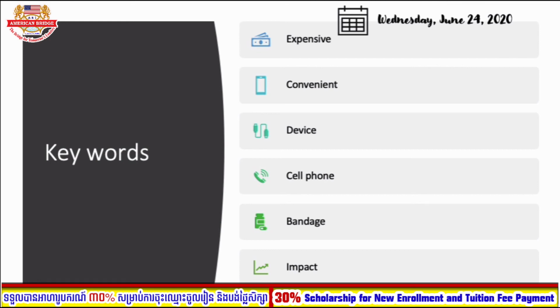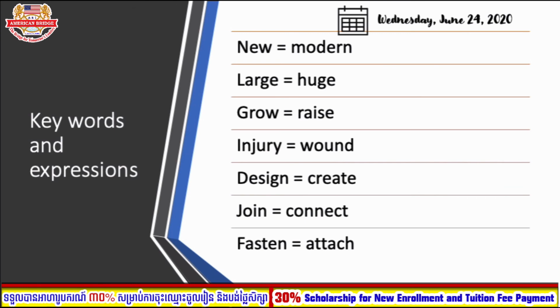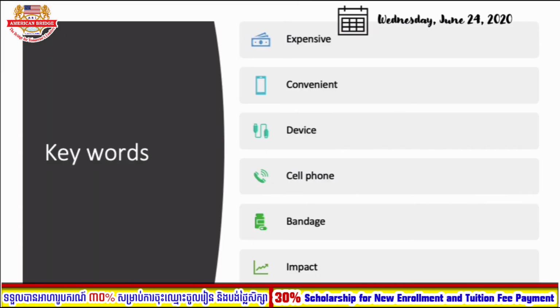These are the keywords and expressions for you to study in Unit 4. We are talking about invention. Again, be familiarize yourself with all these keywords, because you will encounter them along the way in Unit 4.